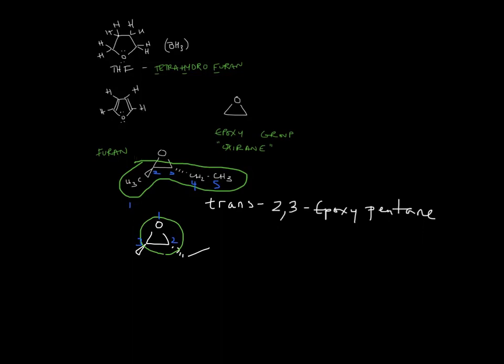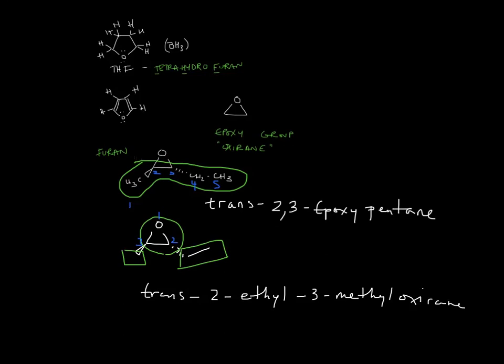So we would have an ethyl group coming off of carbon number 2, a methyl group coming off of carbon number 3. The reason I went clockwise from the 1 is because ethyl comes before methyl alphabetically. So this would also be trans, but it would be 2-ethyl-3-methyloxirane.